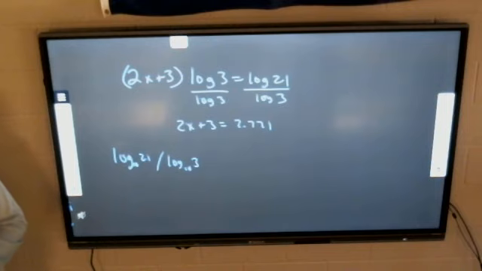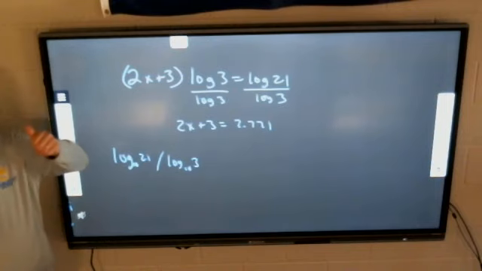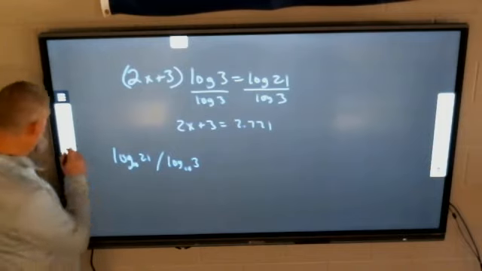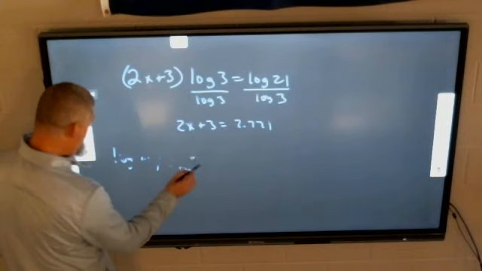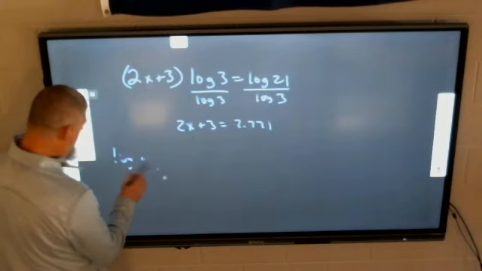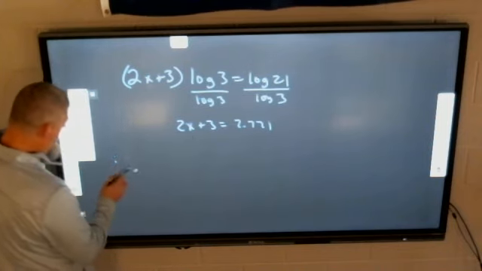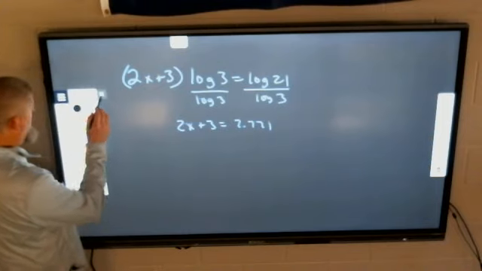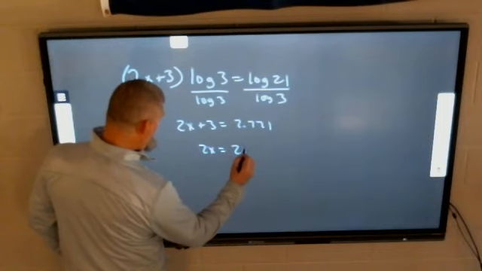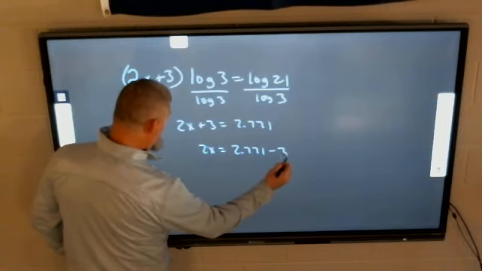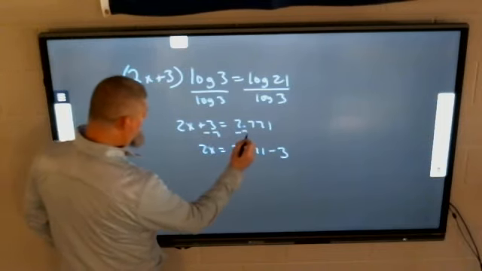You got it? You get it? You good? Okay. So then it's just a matter of solving our regular formula. Subtract 3, divide by 2. So 2x equals 2.771 minus 3, because you subtract 3 from both sides.